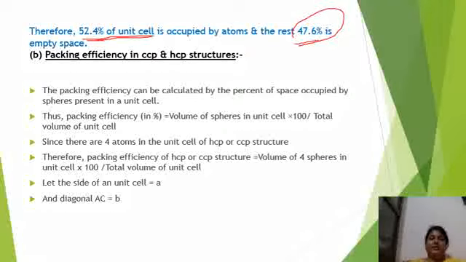Now the second one is packing efficiency in CCP. CCP means cubic close packing.